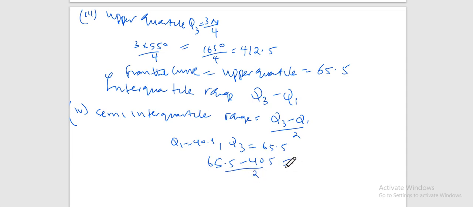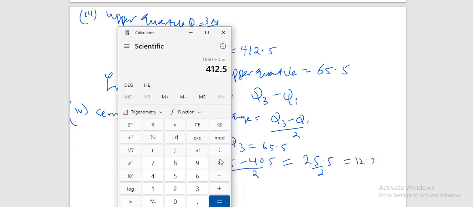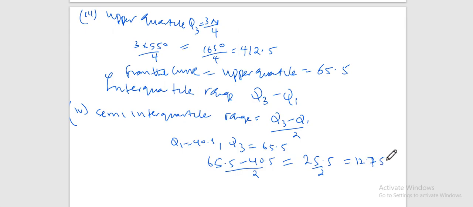That gives us 25 divided by 2, which is 12.5. That's our semi-interquartile range.